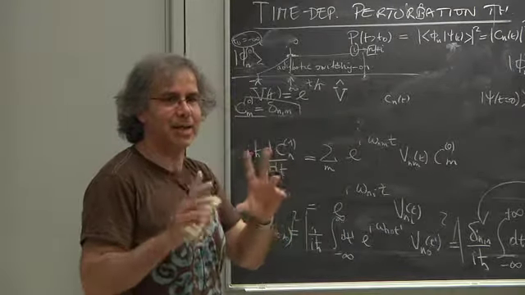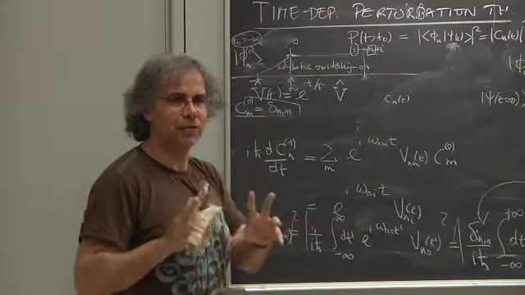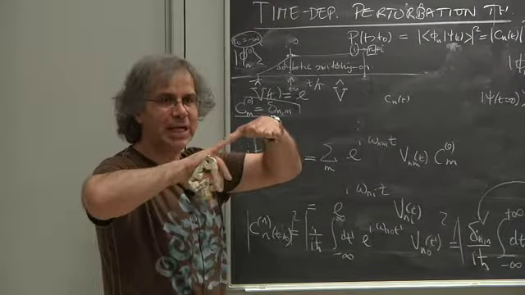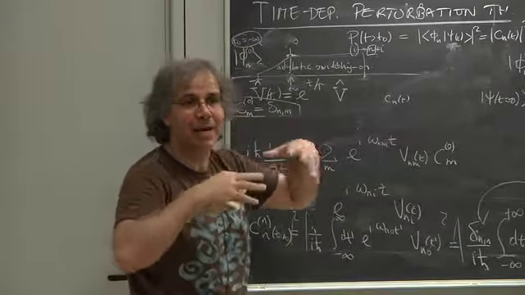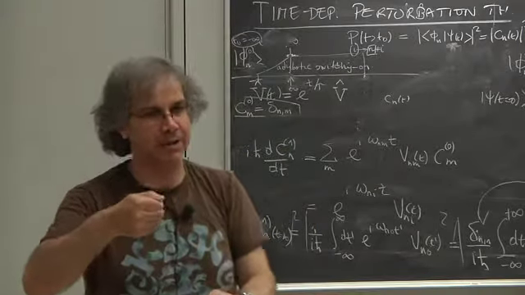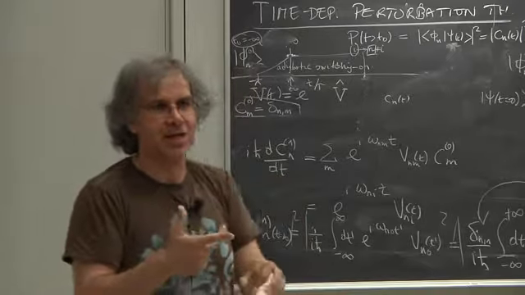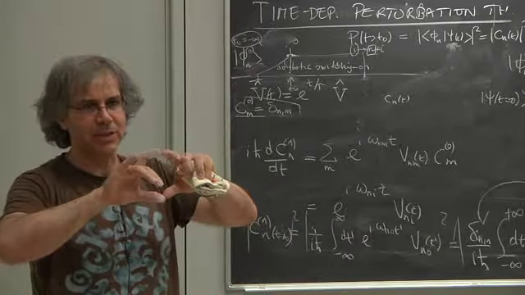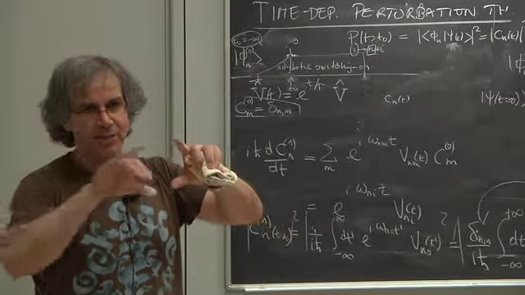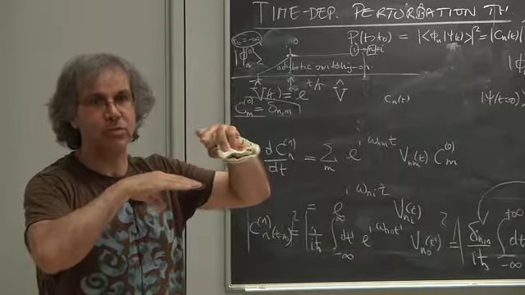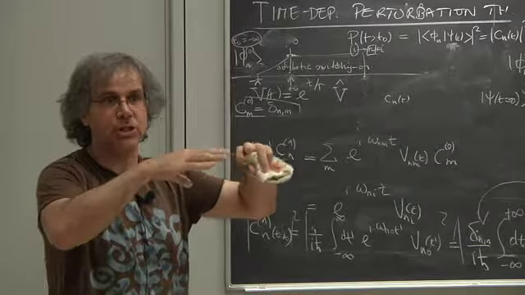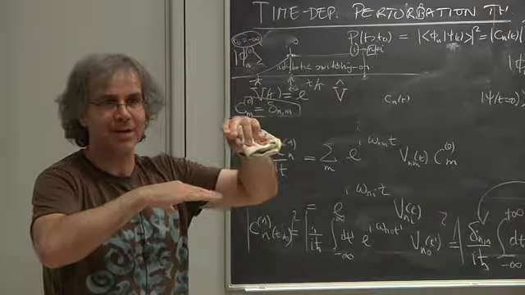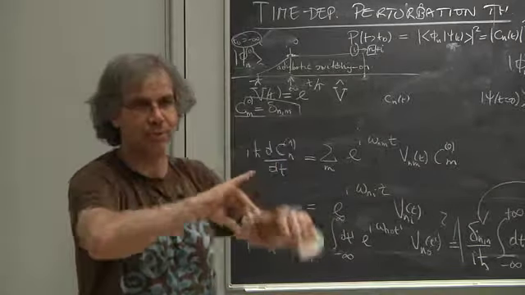So the states that are mostly sensitive to this are the ones for which the frequency exactly matches the energy differences. This is the idea behind exciting an atom with a laser. You select a laser frequency which exactly matches the difference between two levels, and that transition will occur essentially with certainty. You say on resonance.